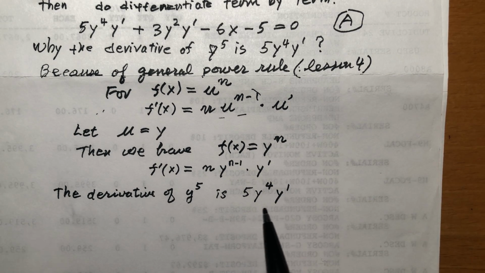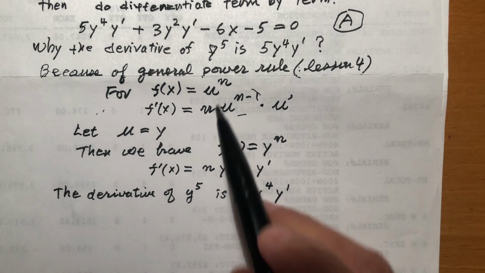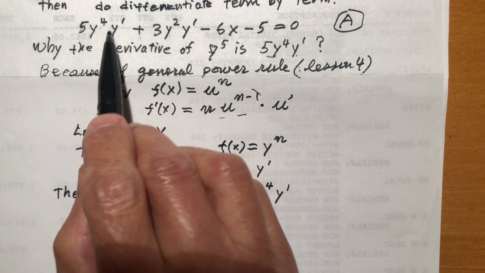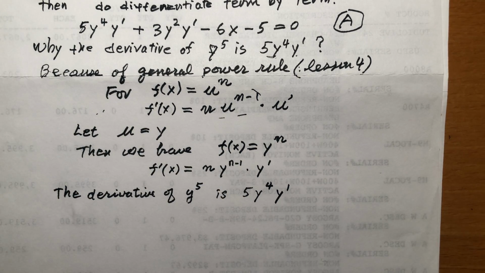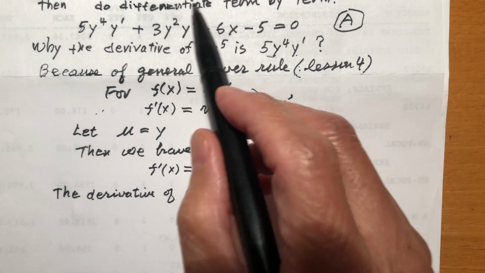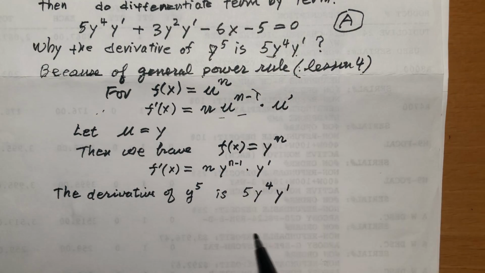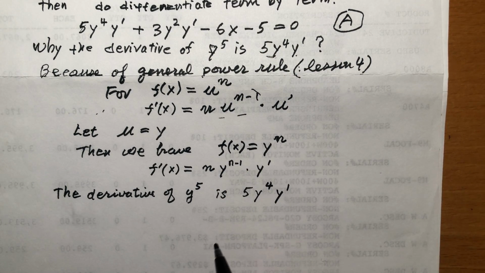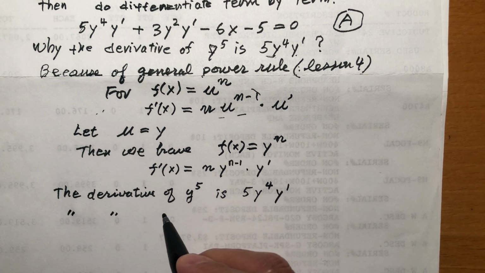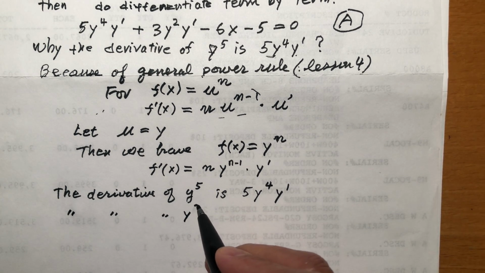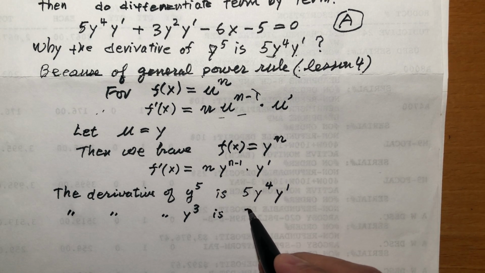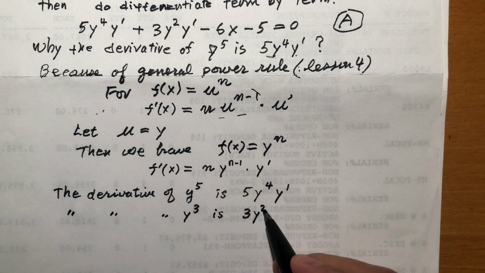So that explains why the derivative of y to the power 5 is this. And this also explains why the derivative of y cubed is this. Similarly, the derivative of y cubed is this.